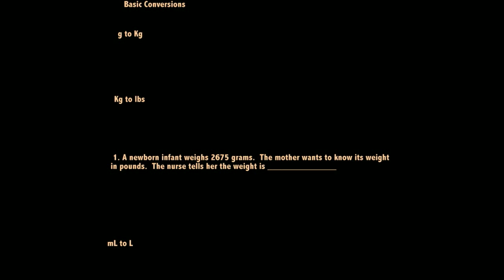Alright, so let's start off pretty basic here. We've got grams to kilograms right here. And basically whenever we set this up in our dimensional analysis problem, you can do it one of two ways, right? You can go about it the chemistry way that you learned in Chemistry 210, I believe it is. So let's say we've got 3,500 grams, and I want to know how many kilograms that is, right?